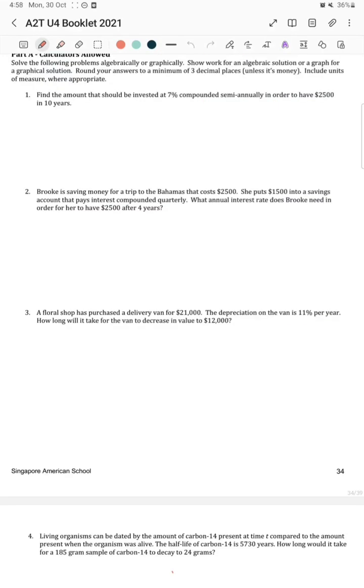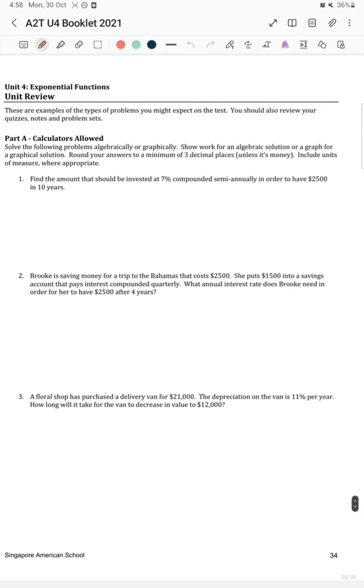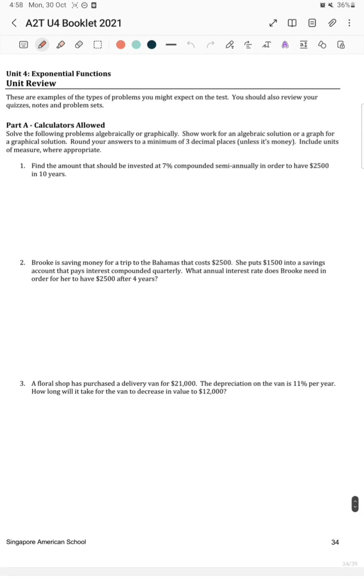Find the amount that should be invested at 7% compounded semi-annually in order to have $2,500 in 10 years. So we are starting the review exercise of the exponential functions, and we are looking at the first question and how we're going to solve it.